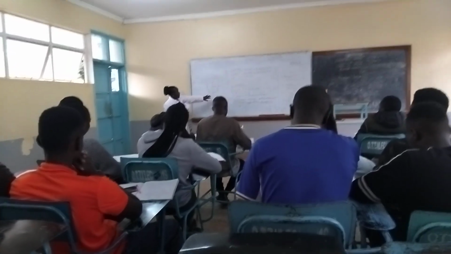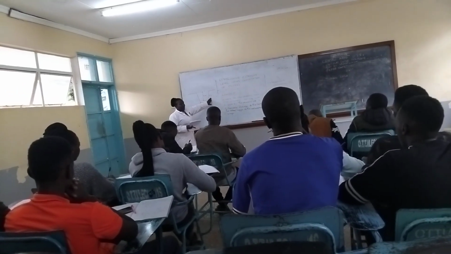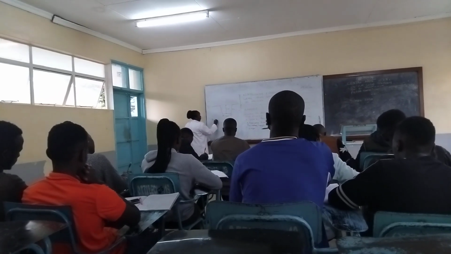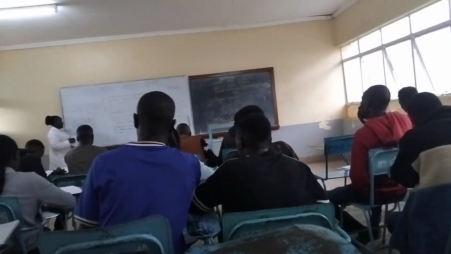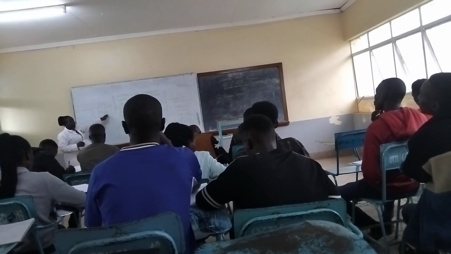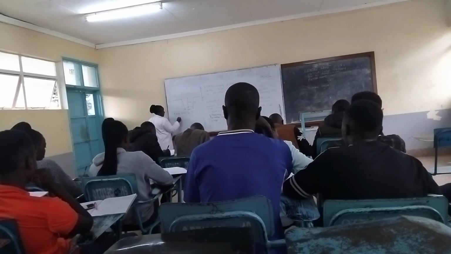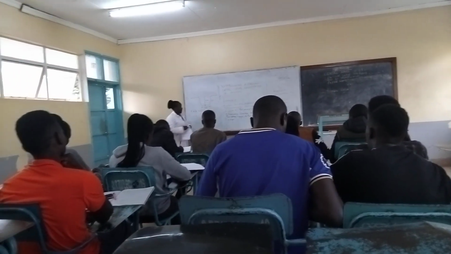So let's now calculate the cross-sectional area of this level section, having been given the width to be 10 meters, the side slope to be 2 to 1, and then the height to be 2.5, is 2. Are we together?